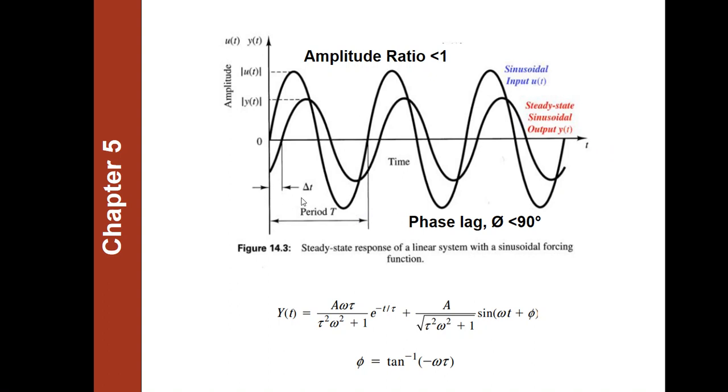You see this delta t? This delta t here is the lag time. How much did the output lag behind the input? That's the delta t. Now, in our reference book by Coughanowr, the period was measured from one peak to another peak.